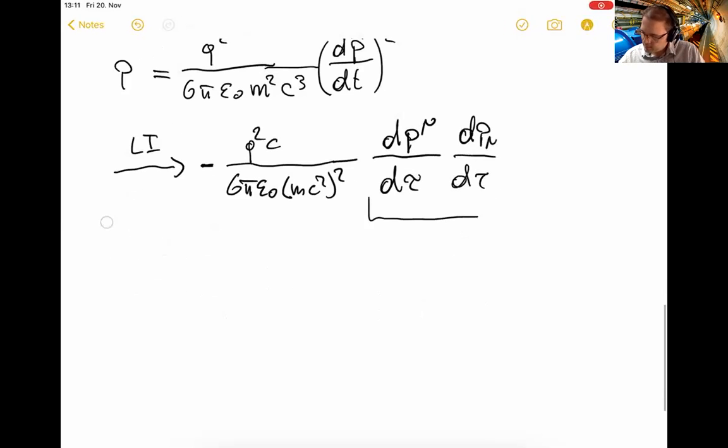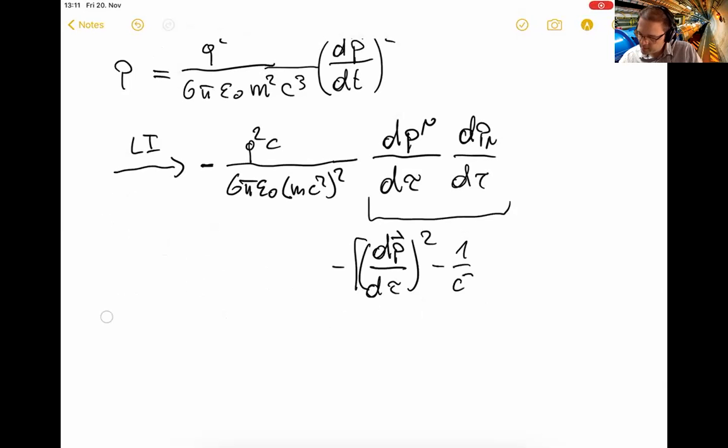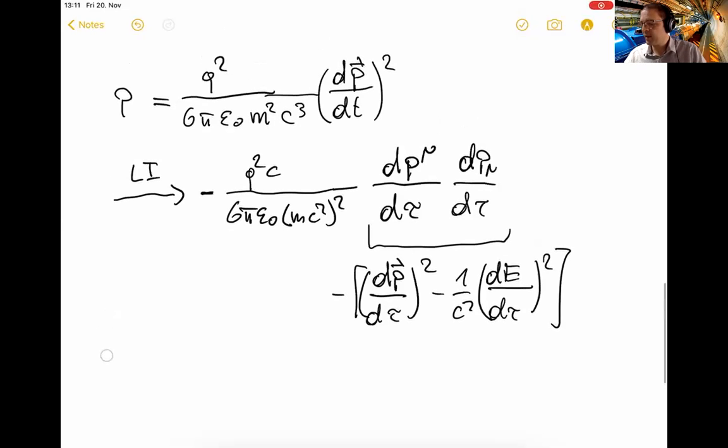If you insert this back, this is minus dp with respect to d tau squared, minus 1 over c squared dE over d tau squared. So what have we done here?